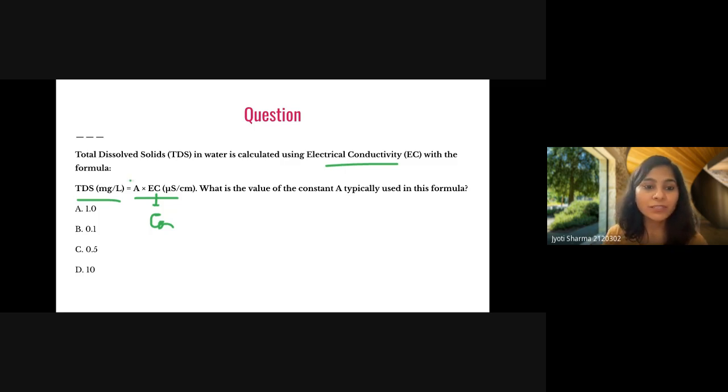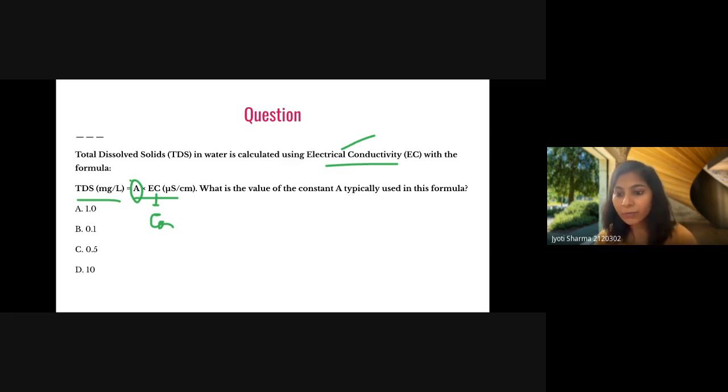Most of the time this is a constant, and we have to take some constant value for this. This electrical conductivity we can calculate using an electrical conductivity meter. If we put that meter into water, that will give you the electrical conductivity. We multiply this with the A, and that will give you the total dissolved solids.